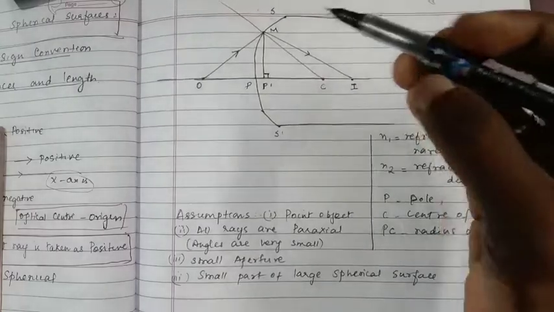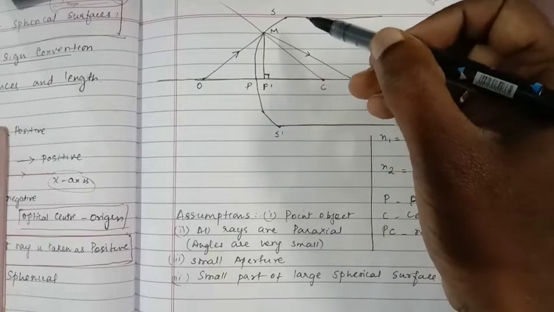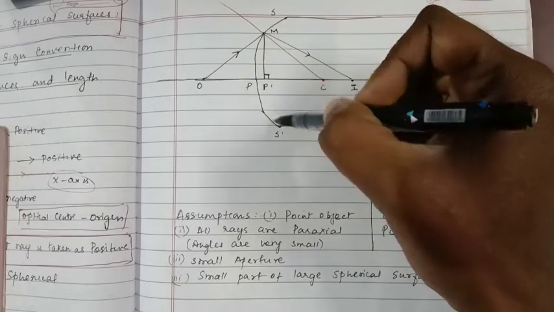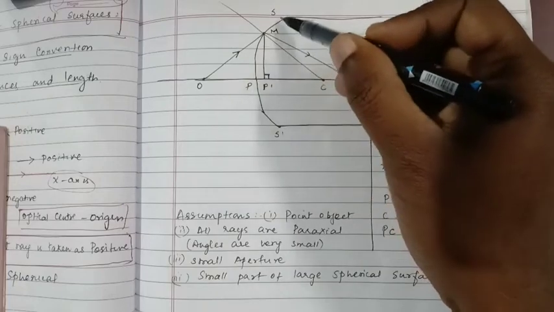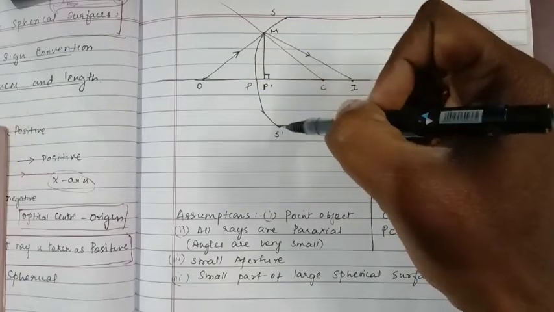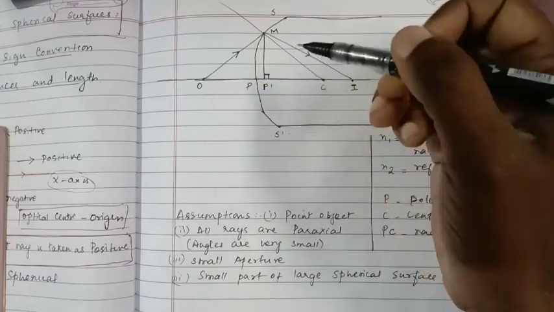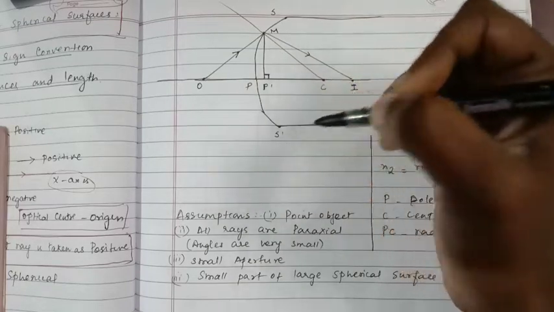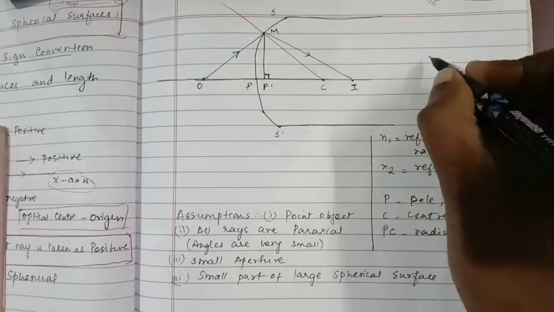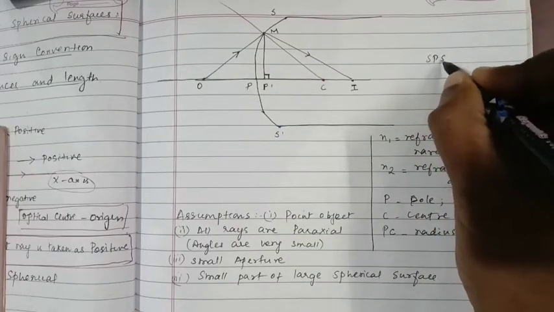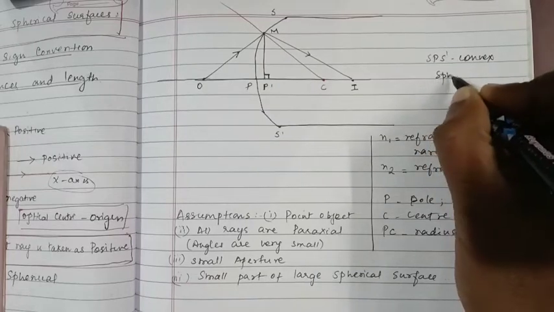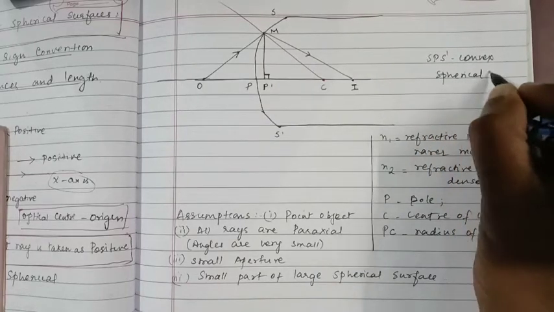We are going to learn refraction of light at a convex spherical surface. Let S, P, S dash be a convex spherical surface.